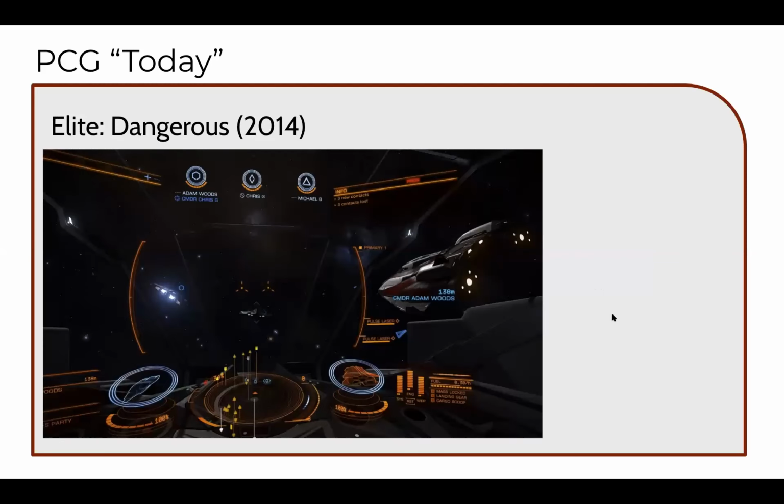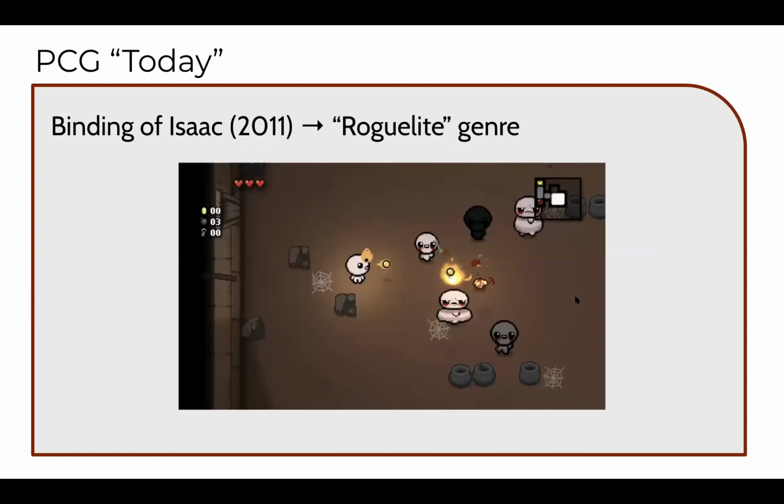In 2014, there was a sequel to the 1980s game Elite, called Elite Dangerous, which I think is mostly a visual upgrade, but a lot of the mechanics are pretty similar. So you're flying between procedurally generated worlds in procedurally generated galaxies.